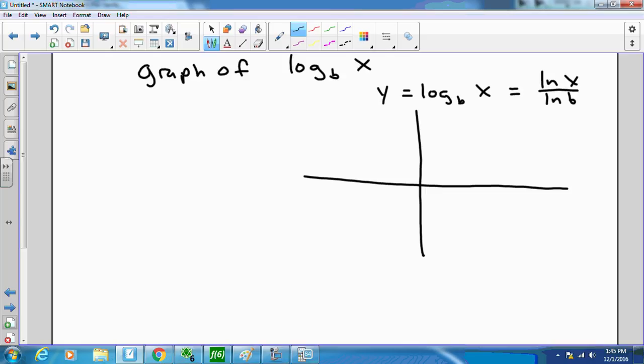The log base b of x is the same as the natural log of x divided by the log of the base, which means that the graph of log base b of x should look just like the graph of natural log x, but stretched by a factor of 1 over ln b. In other words, if this is the graph of natural log x, I'm going to do green.